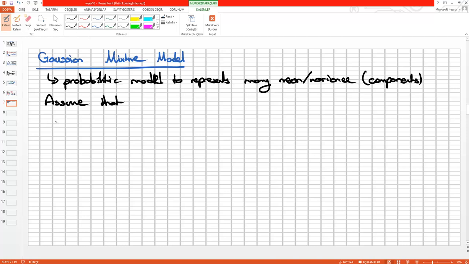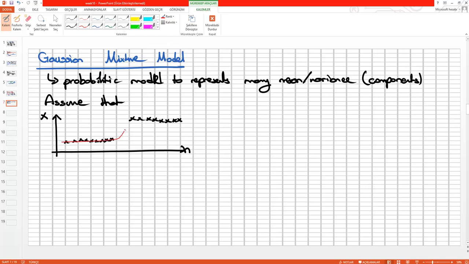Assume that we have the data distribution like this one, n and x. We have the values like this one, and we have the values like this one. At each iteration we have this kind of values and this kind of values. So only one dimension data, x, is given here. How can we model this if we have this notation?